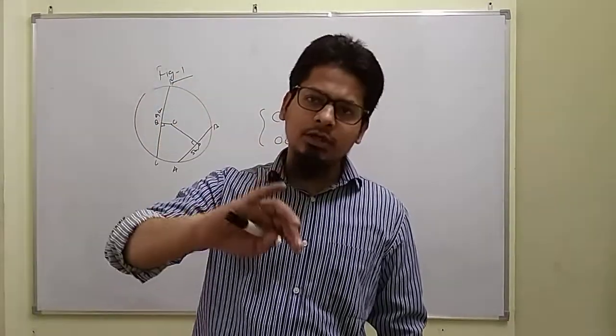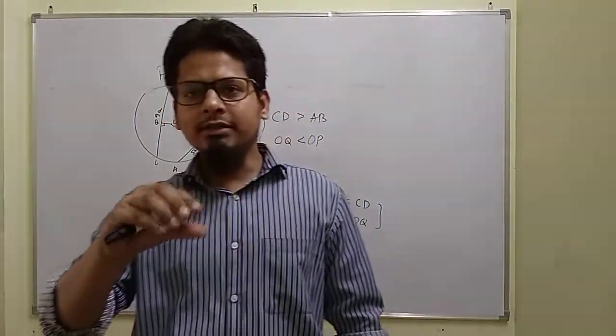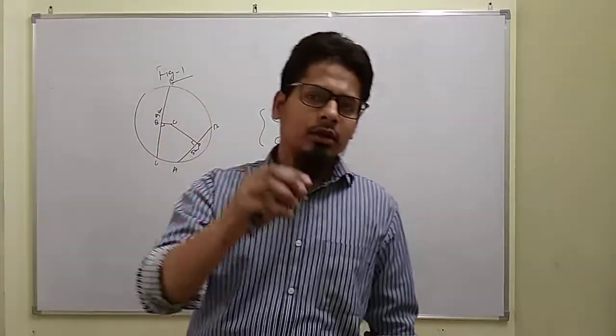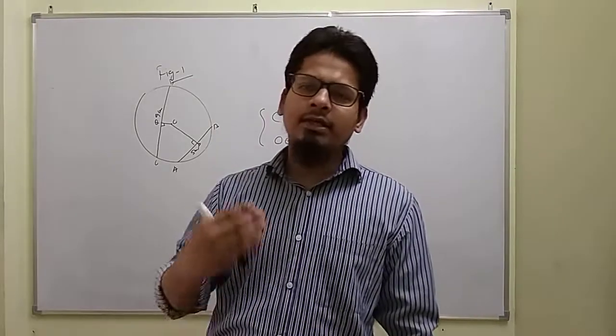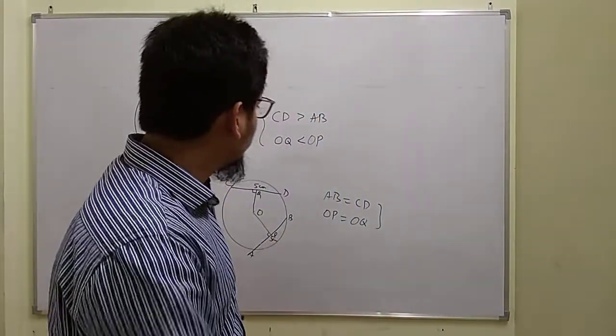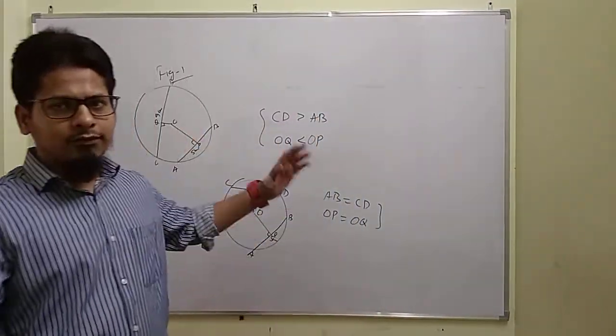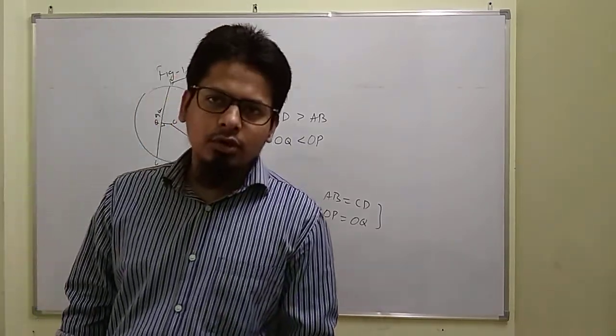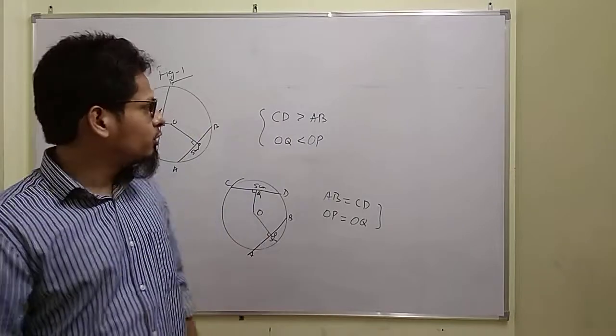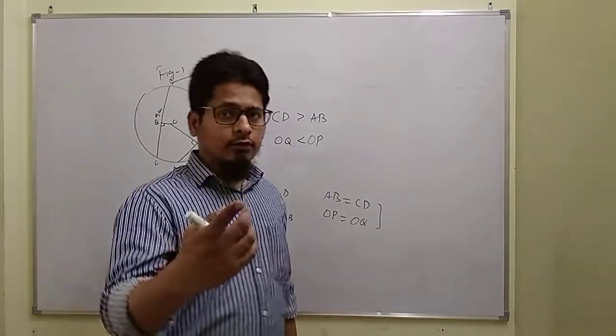Meaning, the converse is also true. These are the two theorems which we will discuss here, and after this we will start the problem. After this explanation, I'm going to write the theorem, and I'll also give you the proof of that theorem.